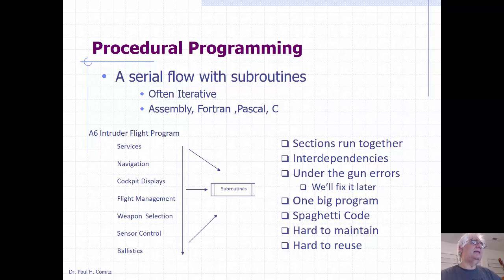This was a serial flow that ran in a big loop, a 200 millisecond loop, 5 times a second, with this idea of subroutines interspersed throughout the program. I don't mean to imply that this was a terrible model or something like that, because certainly it wasn't.